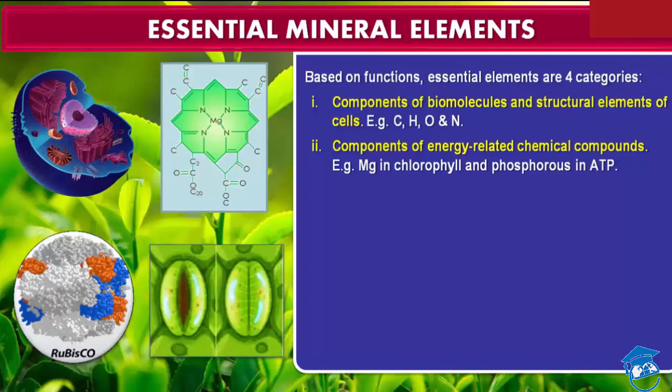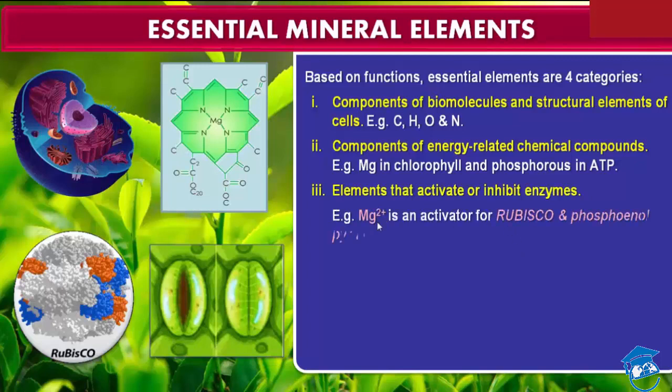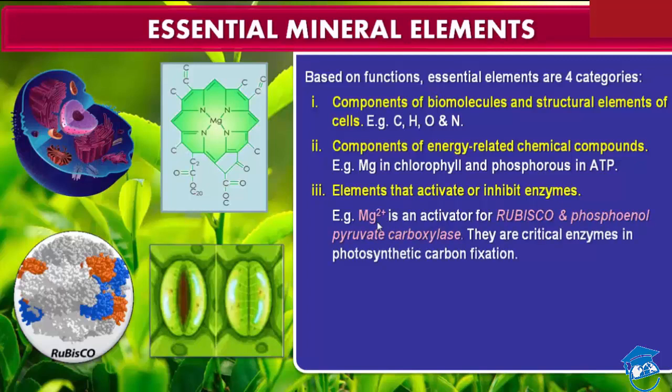Now the third category is elements that activate or inhibit enzymes. For example, Mg2+, that is the magnesium ion, is an activator for rubisco, which is a protein, and for phosphoenol pyruvate carboxylase, which is an enzyme. So Mg2+ acts as an activator for these two.